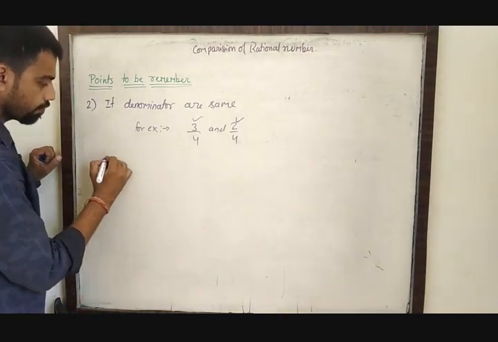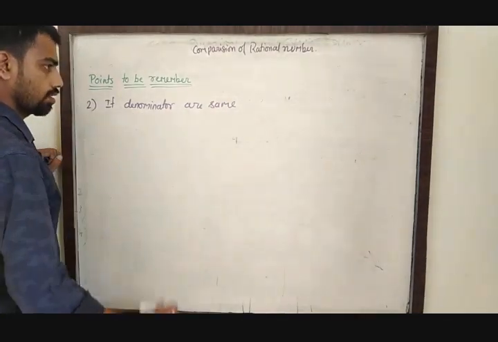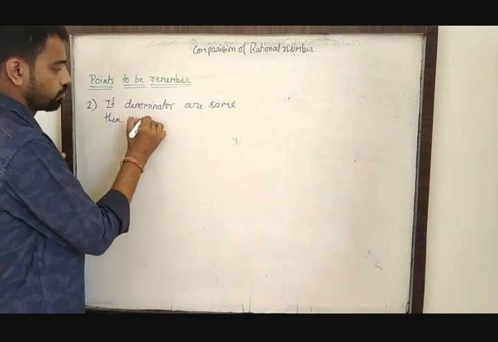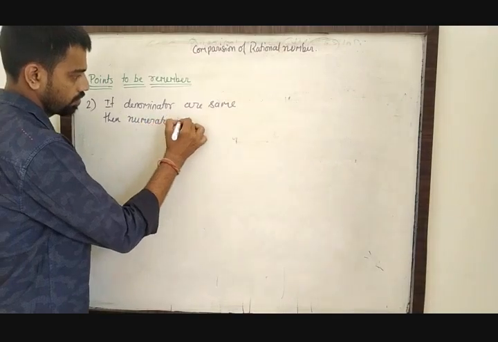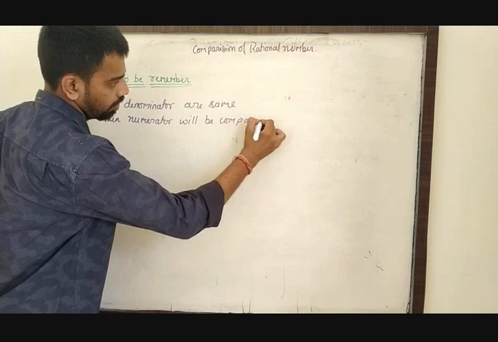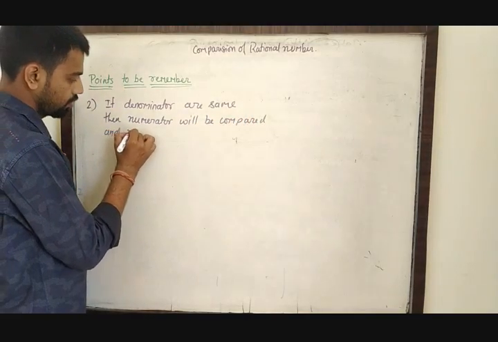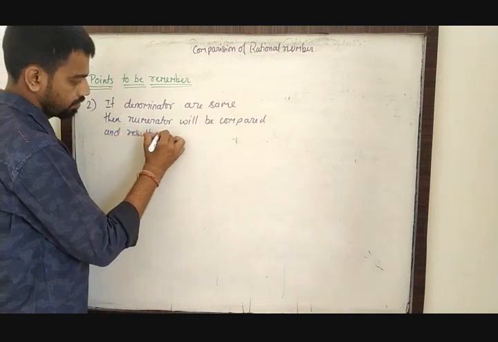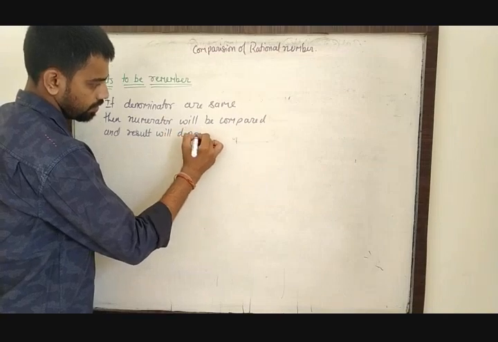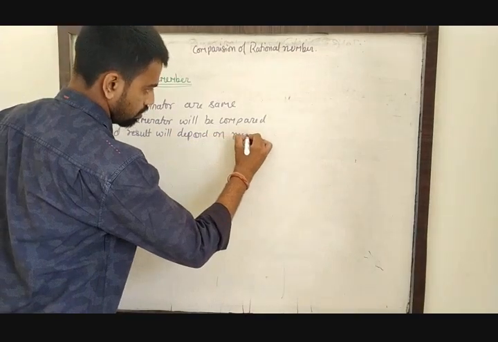So here we will write one point. If denominators are the same, then numerators will be compared and the result will depend on the numerator.